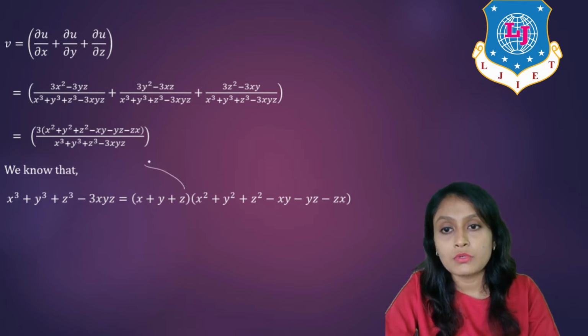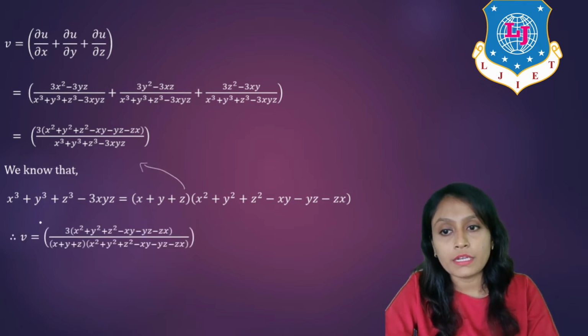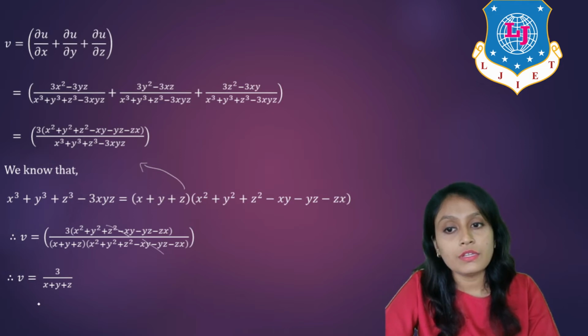So we will substitute this formula in the denominator. On substituting, you will get v equal to this. Now you can see this term, x square plus y square plus z square minus xy minus yz minus zx, will get cancelled, and what remains is 3 upon x plus y plus z.